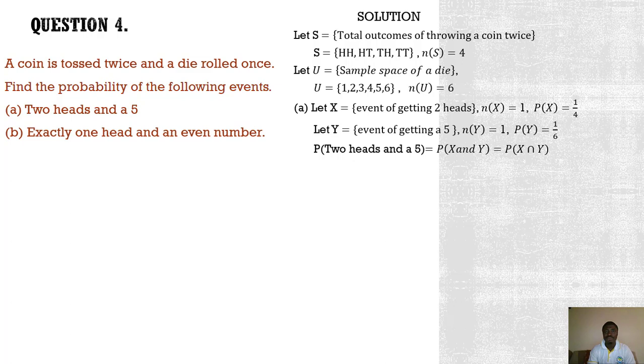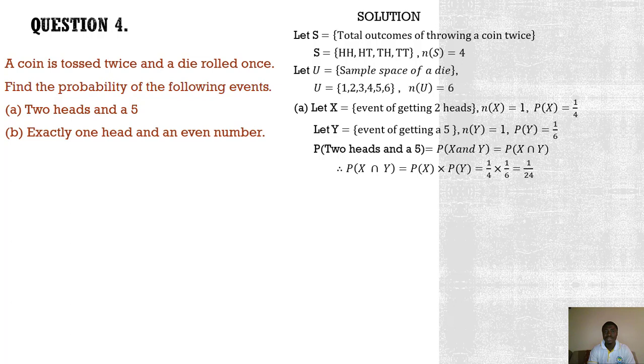So now probability of 2 heads and a 5 is equal to probability of X and Y, which is equal to probability of X intersection Y. You all know that AND is the same as intersection, which means multiplication.